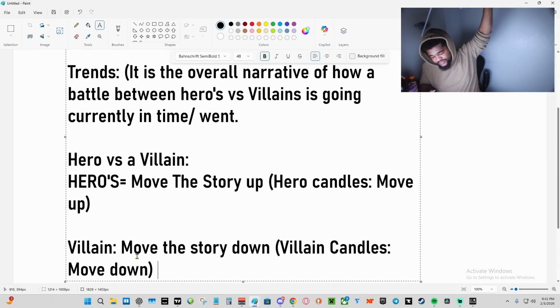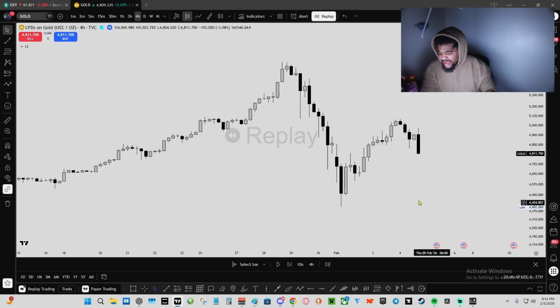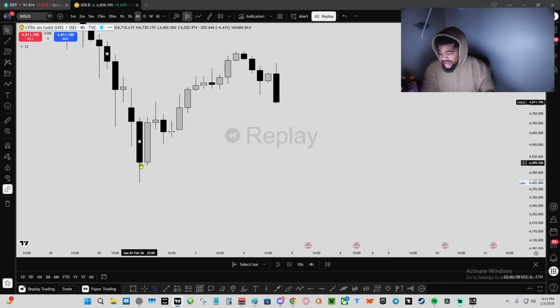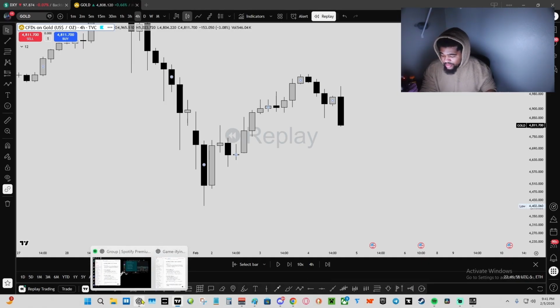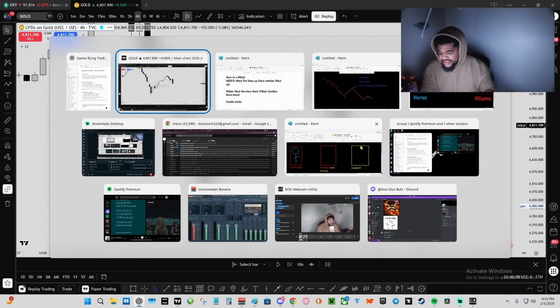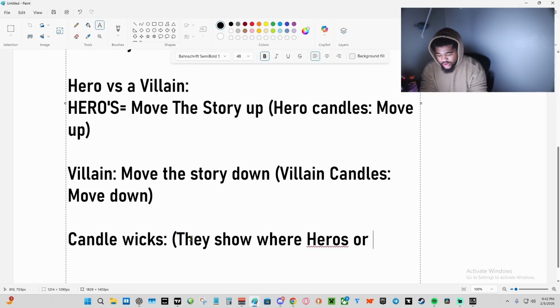Another thing we talked about was the candle wicks. For those of you who probably forgot, it is these giant things on each of these candles. The bigger it is, the more significance it holds, first of all. That's probably something you should write down. But for right now, we're just going to stick to basic descriptions. So candle wicks, what are they? We'll just write what they show you, because there are a lot of things.